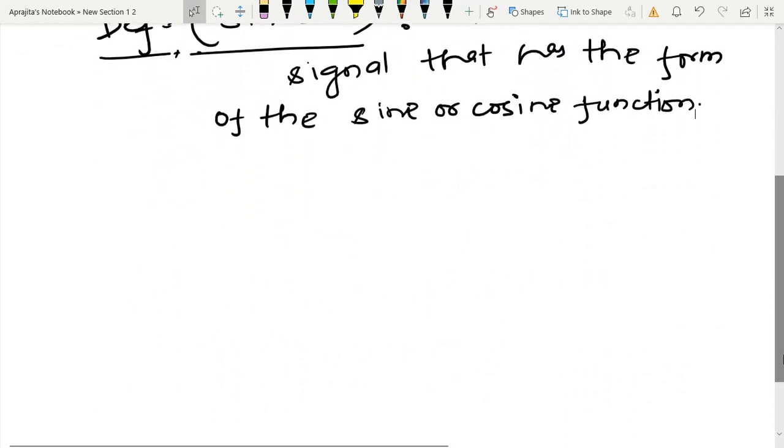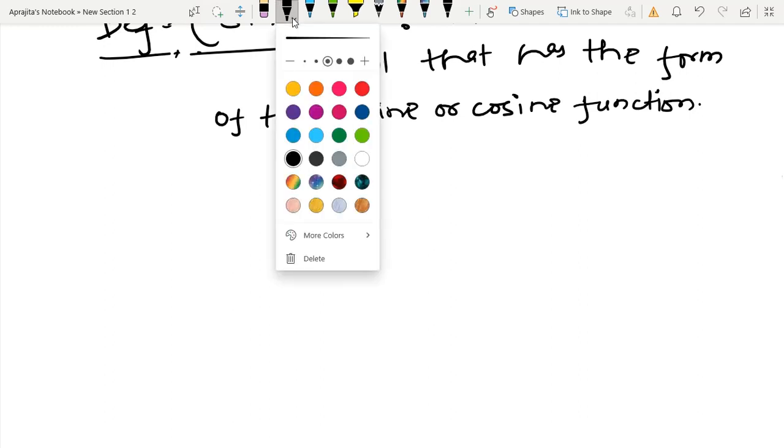So basically, our source, so I will draw one circuit. So let us take again the blue color.